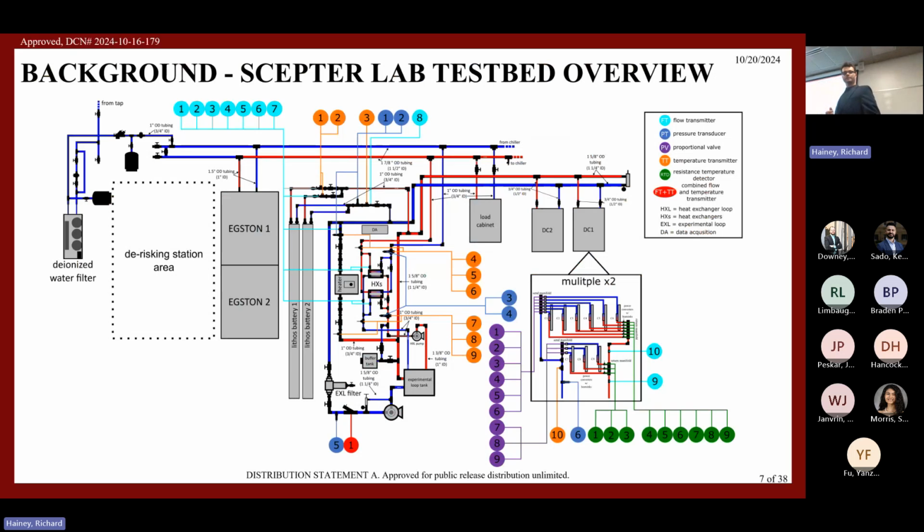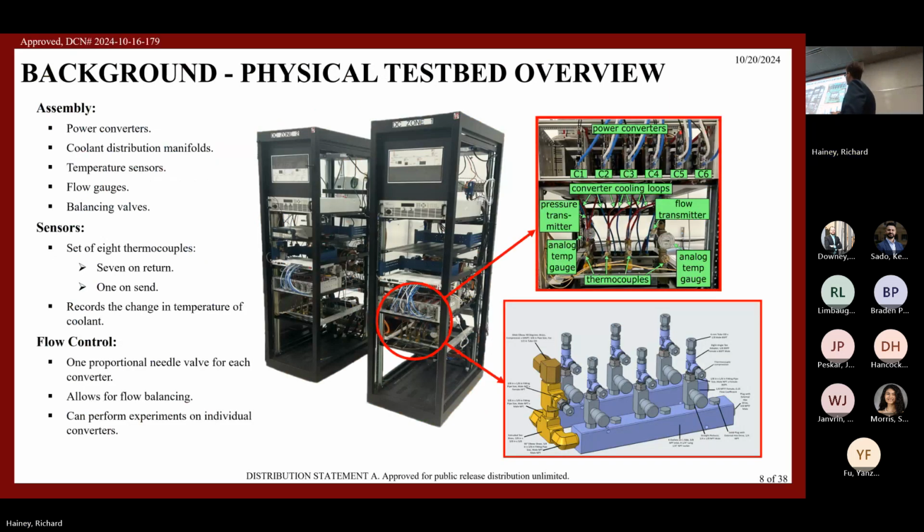So the DC cabinets look like this. It's a set of DC power converters. There are 6 of them, as you can see, C1 through C6 in sequential order. And the cooling network is featured below it. The cooling network is just a manifold that allows for coolant to be distributed evenly to each of the converters.